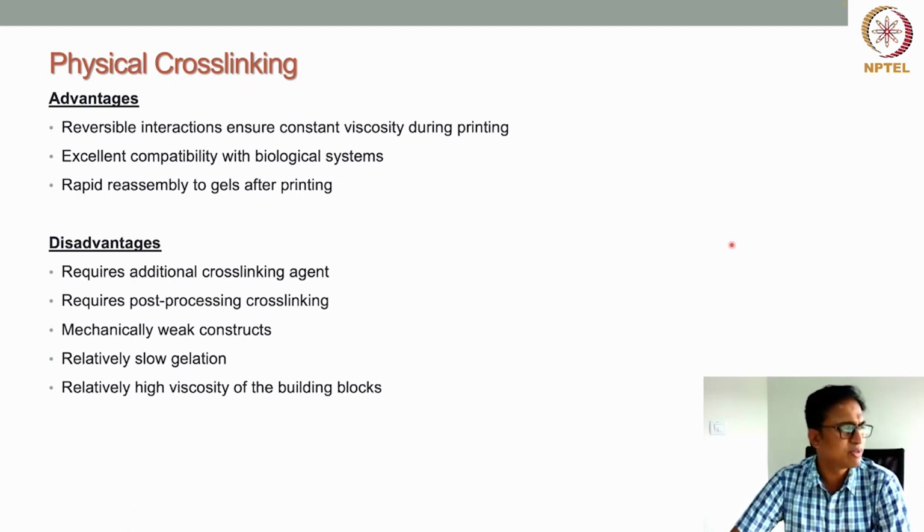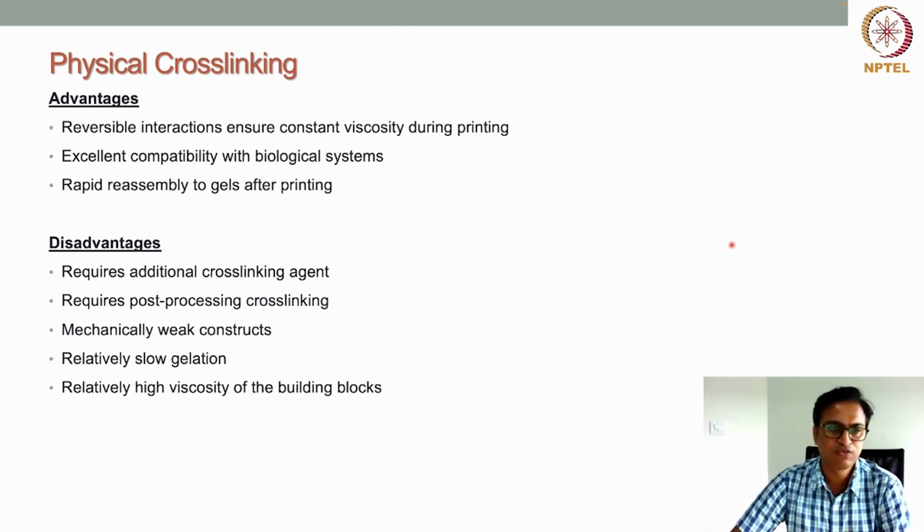For physical cross-linking, because it is reversible in nature, the interaction ensures constant viscosity during printing, because we can control the interaction of these materials. Because of this reversible interaction, we can control the physical cross-linking, so here we have more control over the viscosity during printing.